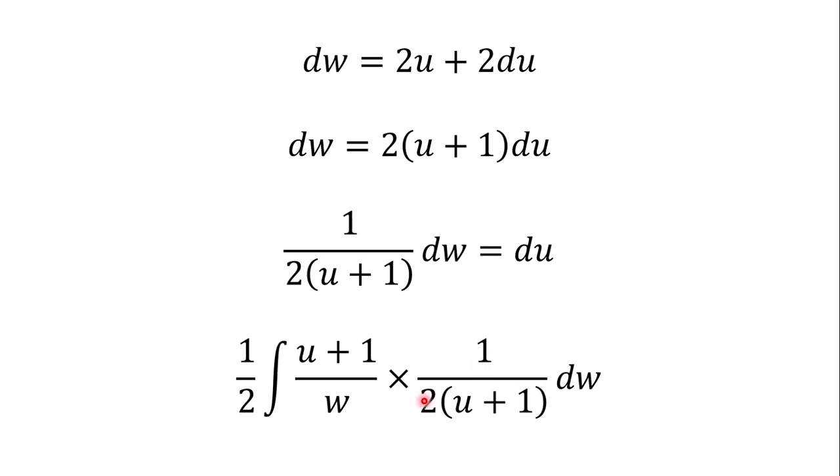This half here, 1 over 2, will come out and multiply 1 over 2, and that will give us 1 over 4. And here we'll be left with 1 over W. This one will give us natural log absolute value of W.